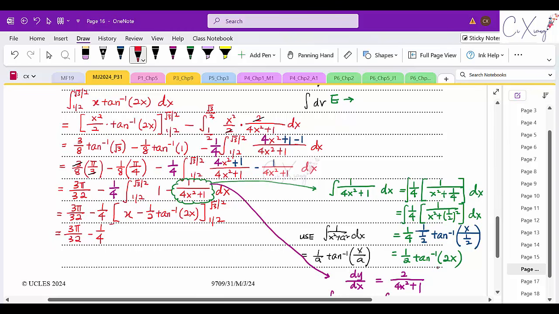Alright, now let us substitute the value. Substitute root 3 over 2 into the x, you get root 3 over 2, minus the half tangent inverse root 3. Then minus, substitute the half into the x, you have half minus half tangent inverse 1.